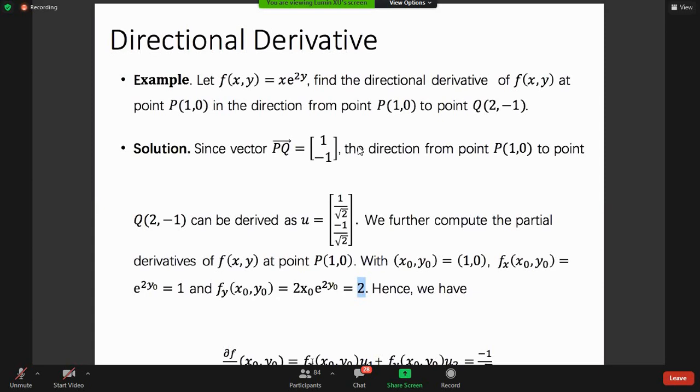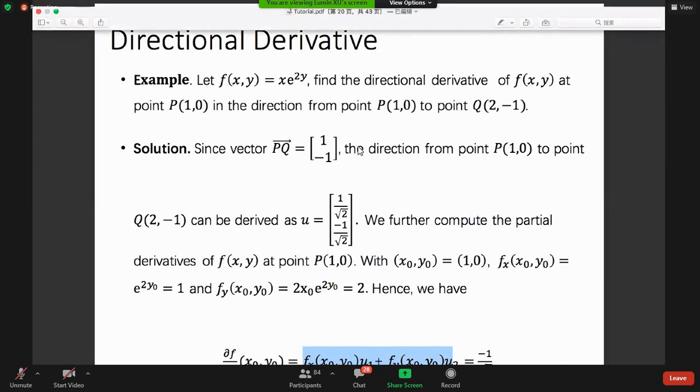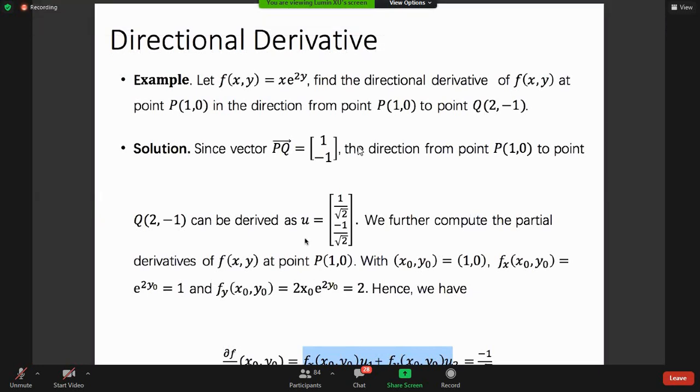Then according to the definition, this one equals 1 here, and u1 is here.